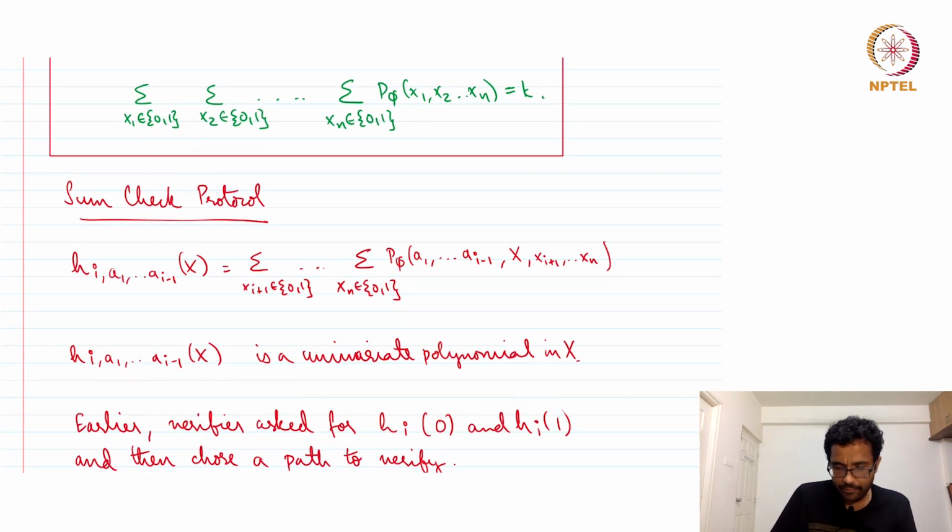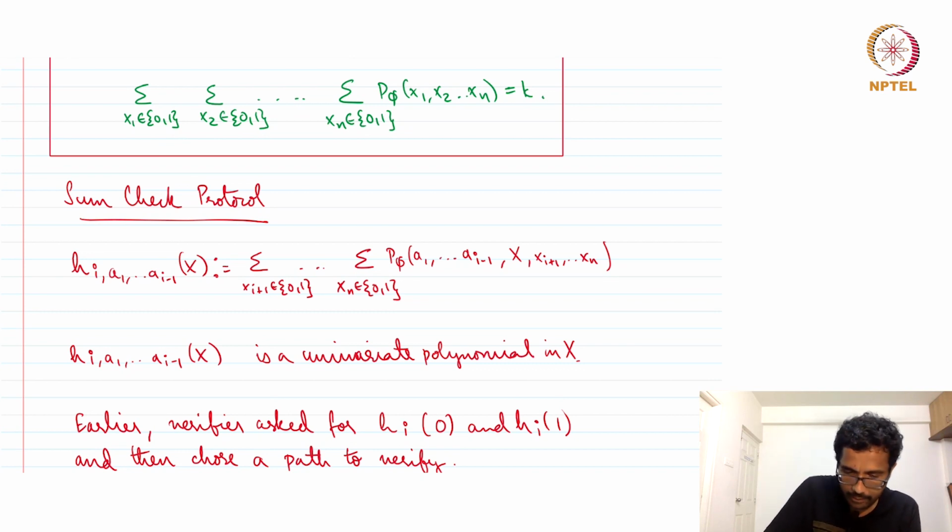So we will define a new polynomial on a single variable x. We will call it hi of a1, a2 up to ai minus 1 of x. So what is this? Think of the p psi polynomial. Suppose the first i minus 1 variables are fixed to a1, a2 up to ai minus 1.